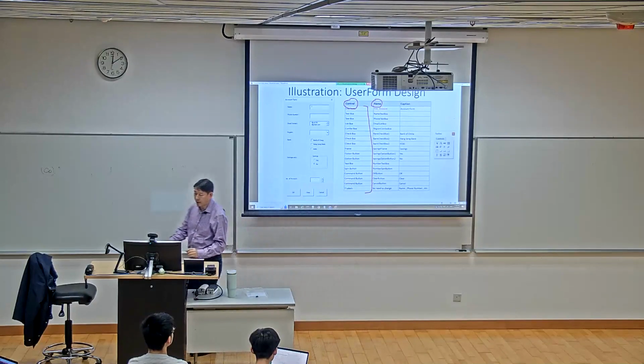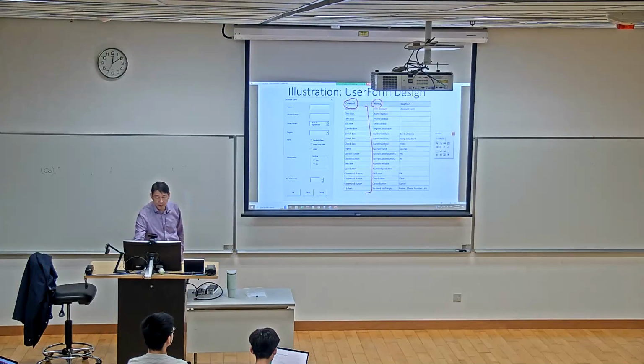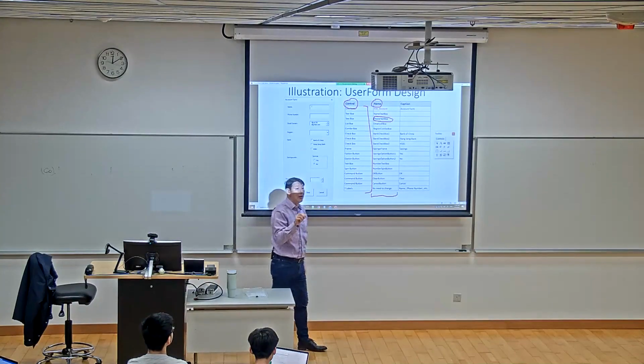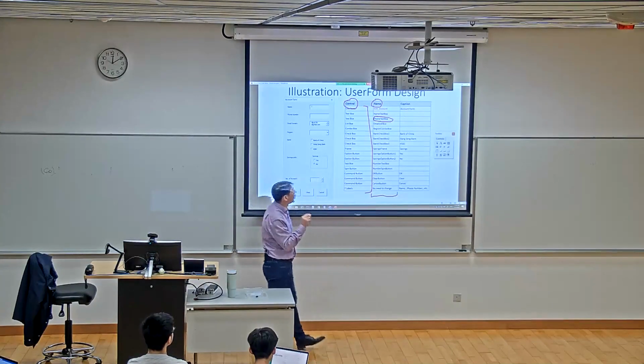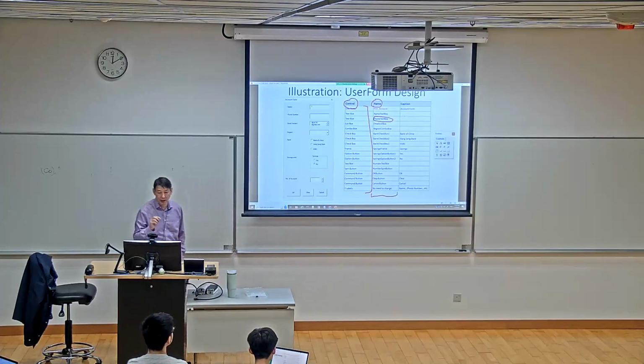So for the names, this column is up to you, but you have to remember them. Write them down somewhere. Later on, if I would like to collect the data from this text box, what is the name of the object? You have to use these object names in order to retrieve the data.